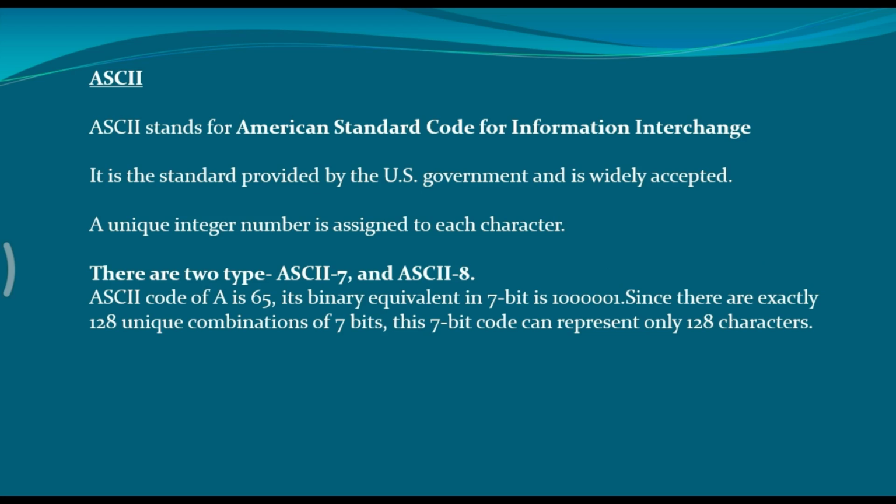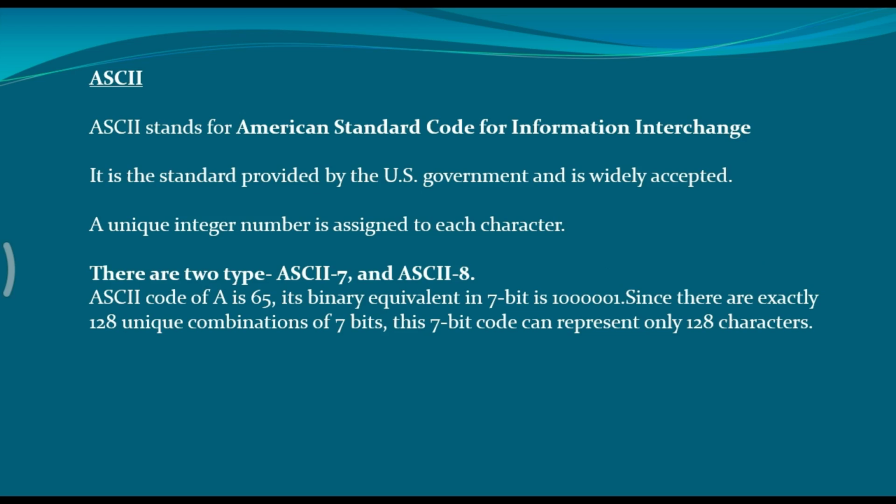So in ASCII 7, 7 bits are used to represent a character. Here I have given one example. That is the code of capital letter A. Capital A in hexadecimal is 41, decimal 65. In binary it is 1000001.